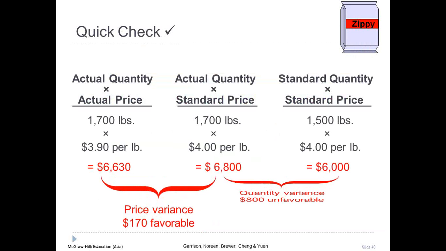In the third row, instead of getting the flexible budget, we change the actual quantity purchased to the actual quantity used, because in this scenario the quantity purchased is different from the quantity used.